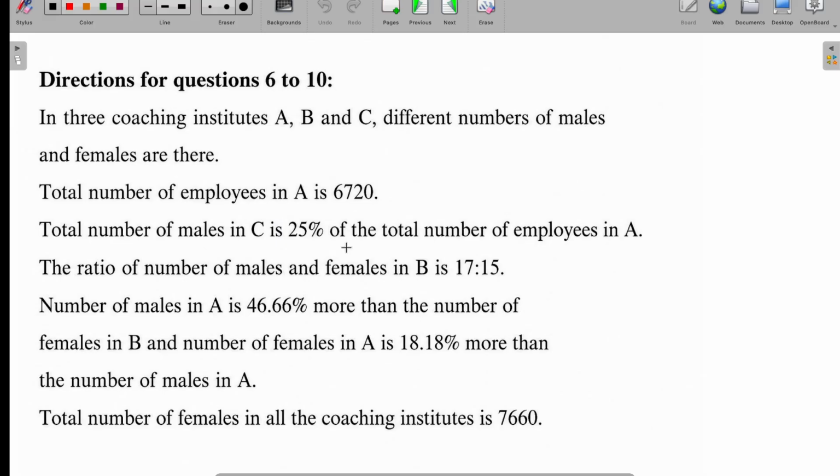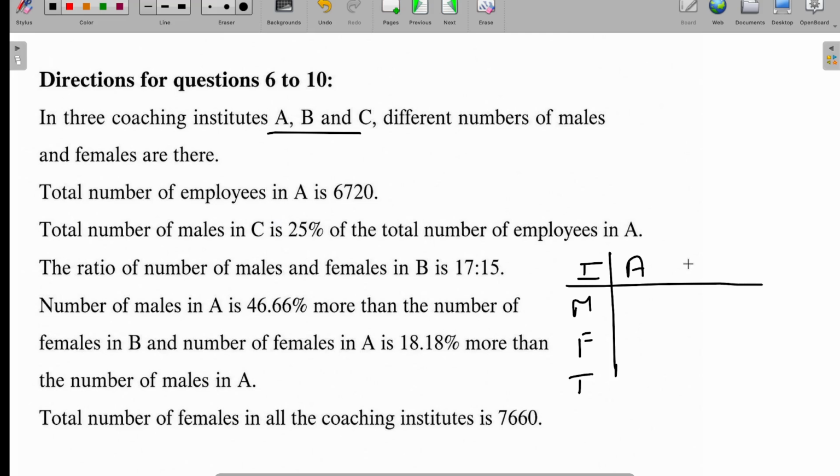So what we have: in three coaching institutes A, B, C, different numbers of males and females. So let's create a table. Institutes, males, females, total.